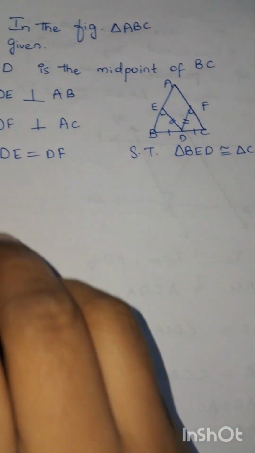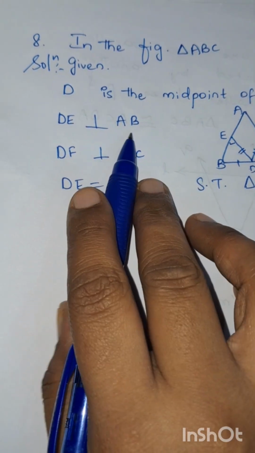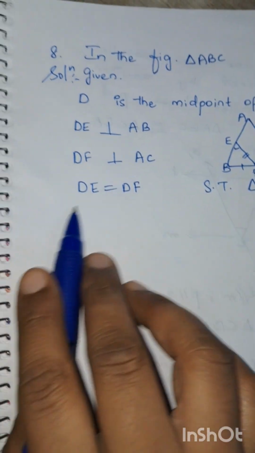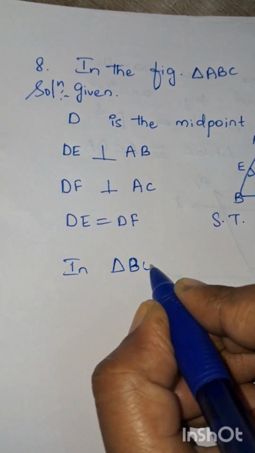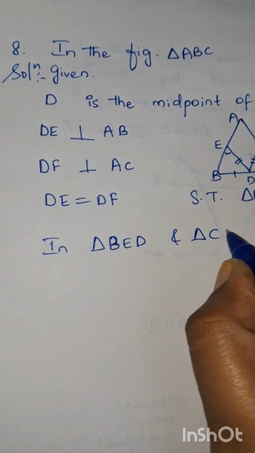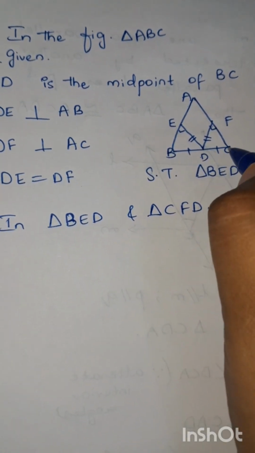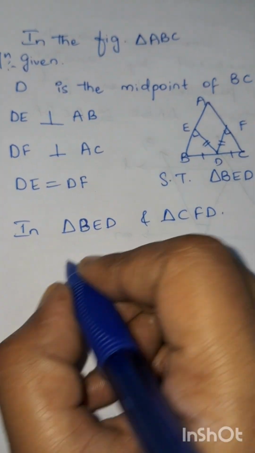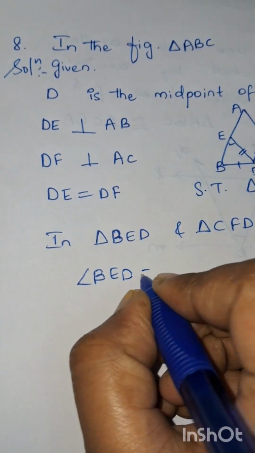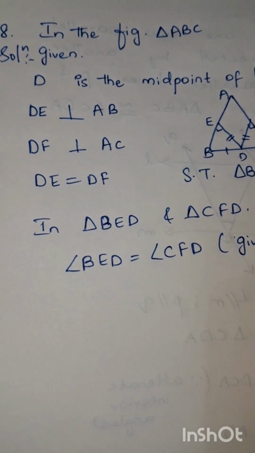So first, it's already given, so I'm just adding the solution from here. Given D is the midpoint of BC, DE is perpendicular to AB and DF is perpendicular to AC, DE is equal to DF. So here in triangle BED and triangle CFD, angle BED is equal to angle CFD, given as 90 degrees.